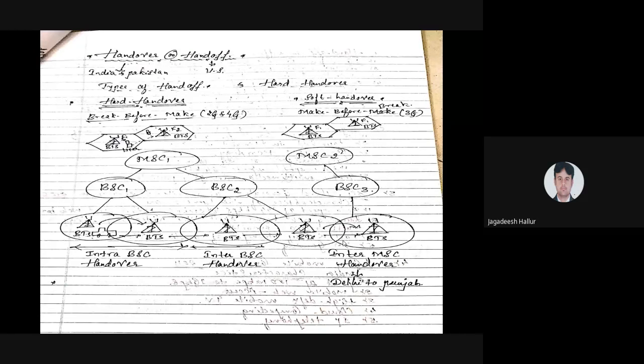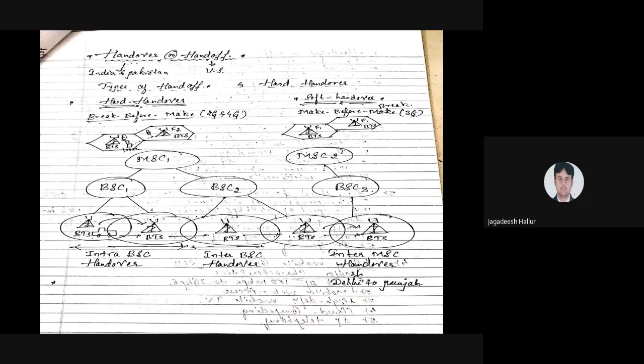Once you have crossed the boundary of a particular location, you are crossing everything: the BTS, the BSC, and MSC1 to MSC2. You are in MSC1, in Maharashtra, and you go to Delhi, that is MSC2. So this type of handover is called inter MSC handover.